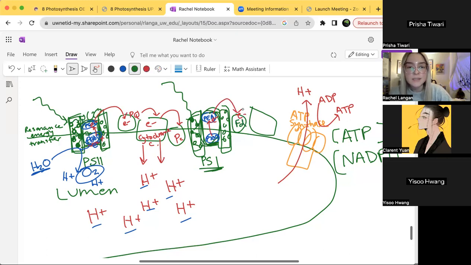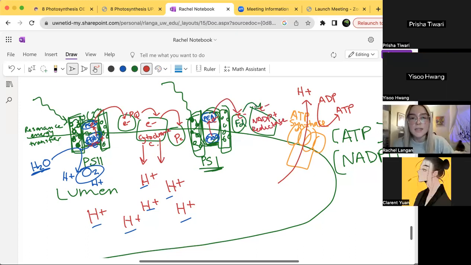Then ferredoxin is going to send electrons to NADP plus reductase. NADP plus reductase is the enzyme that catalyzes the reaction to turn NADP plus into NADPH. And now we have successfully made both of our goals.